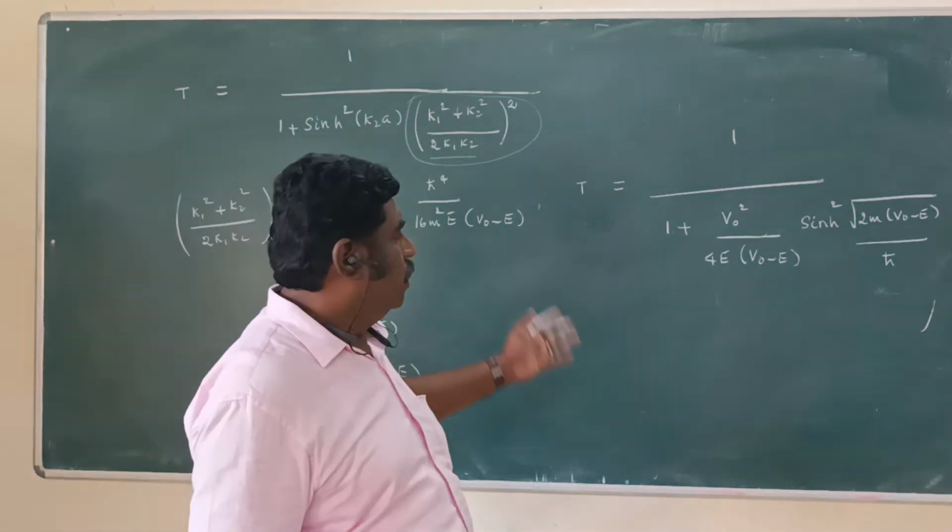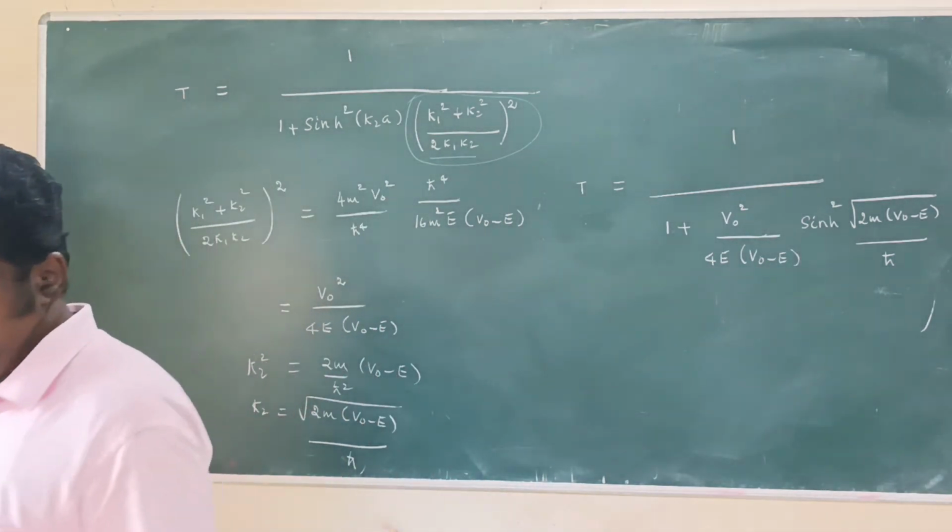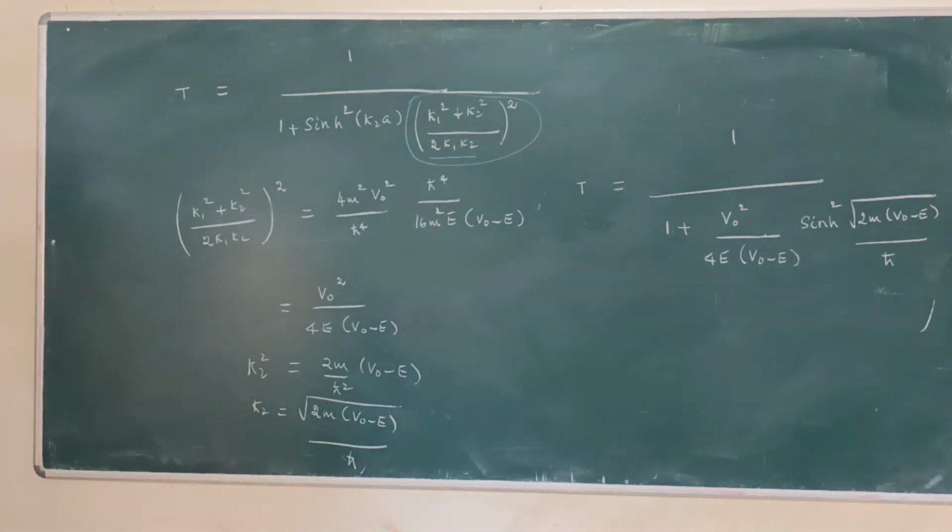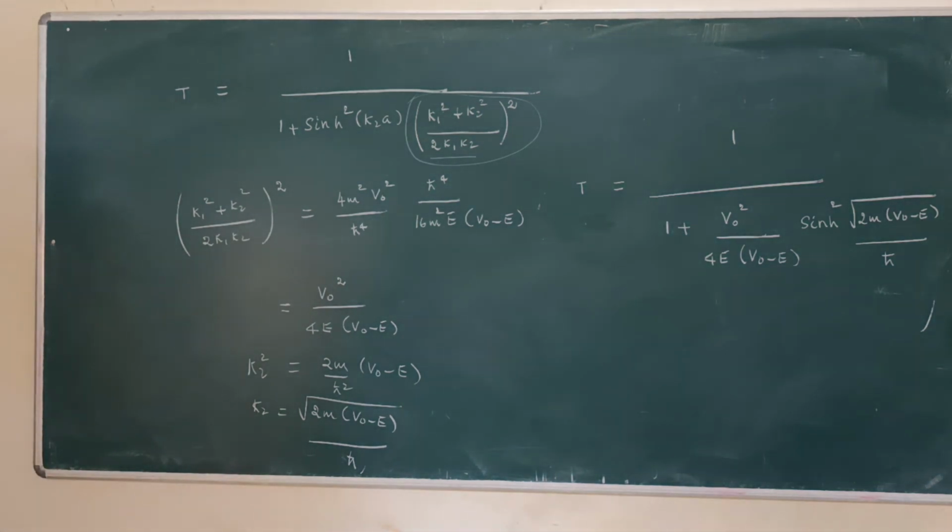So this is our tunnel effect. The tunnel effect points out the phenomenon of transmission of a particle through a potential barrier of finite width and height, even when its energy is less than the barrier height. It is called quantum mechanical tunneling.